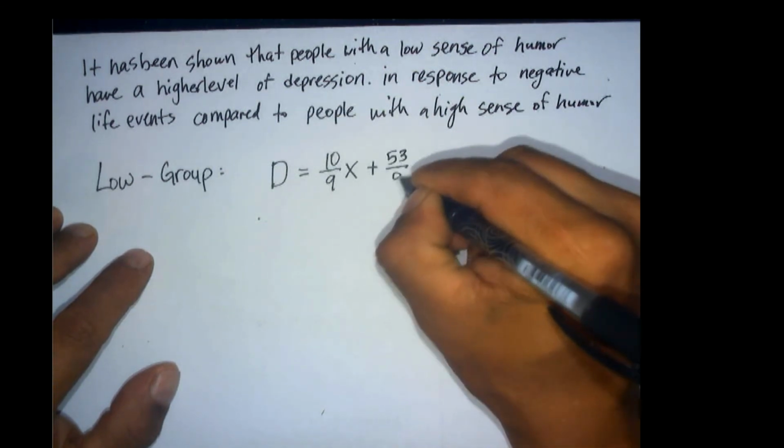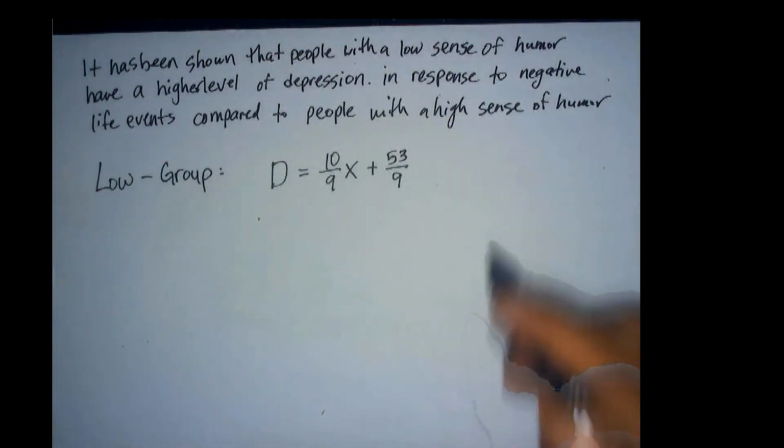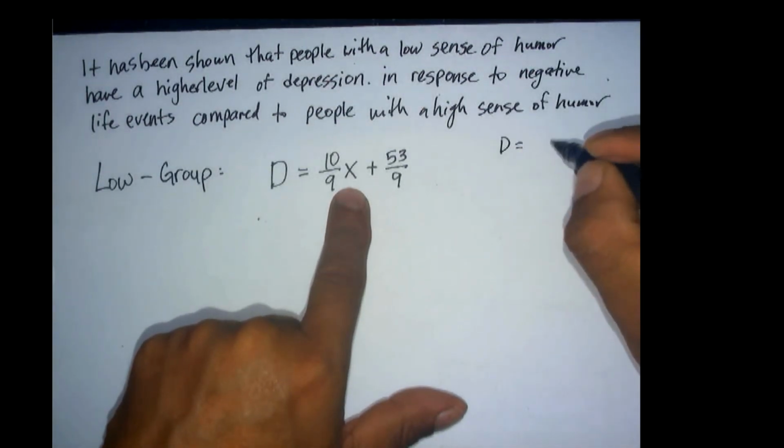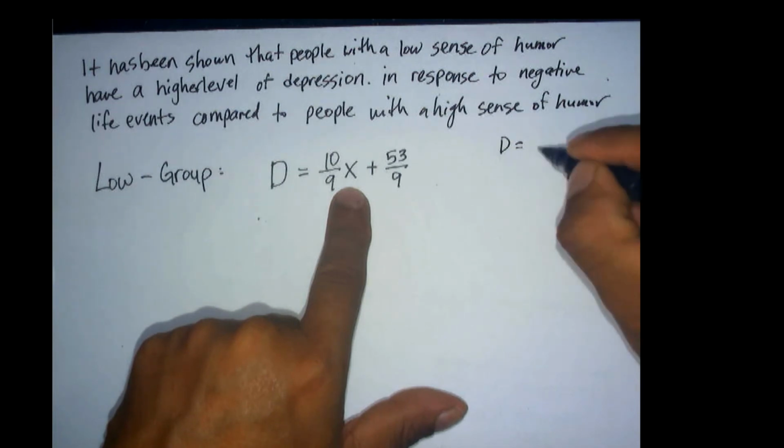And aren't you glad I'm doing this one? Okay, D equals 10 over 9 x plus 53 over 9, where D is the level of depression.